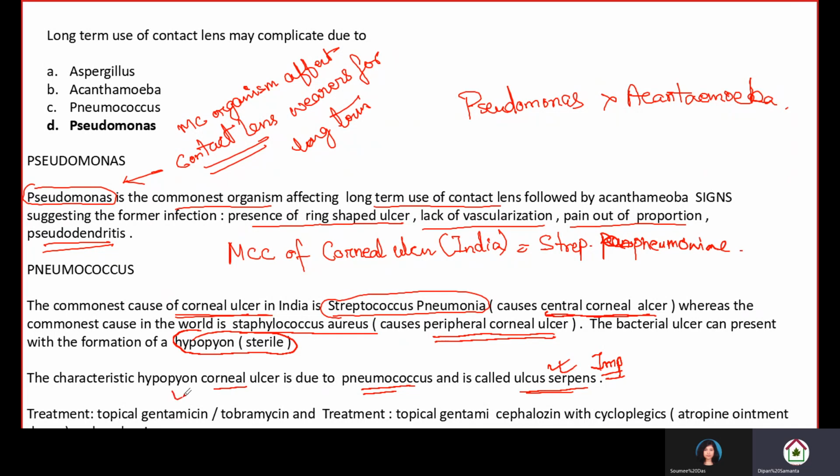Treatment is topical gentamicin, tobramycin, or cefazolin, with cycloplegics like atropine ointment and analgesics for relieving pain.